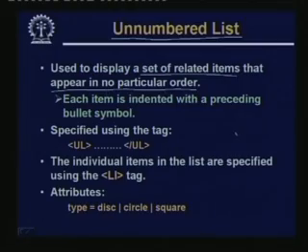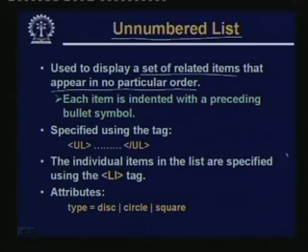This is important, because if the items do appear in a particular order, then it is much more natural to number them as 1, 2, 3, 4 rather than just use a bullet in the beginning. When I say they are displayed in no particular order, I mean even if you interchange their order, it does not make much difference in terms of the contents.